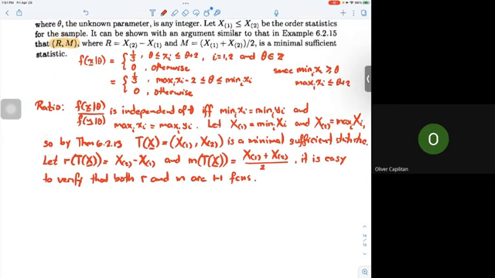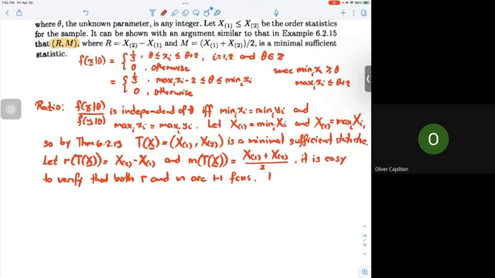Based on our remark, that would imply that the statistic containing the components range and mid-range is a minimal sufficient statistic.